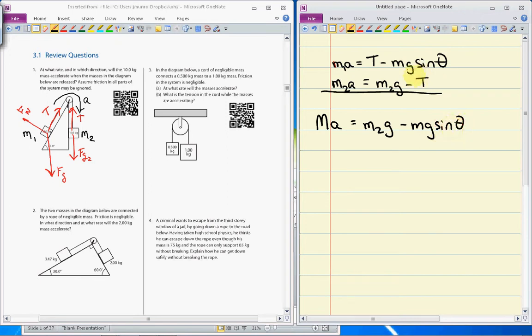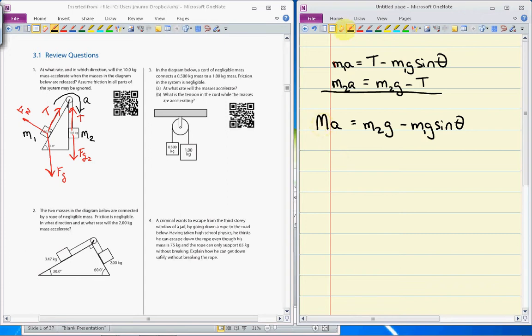I just want to go back here and write that this is m1 because you can see it was m1g sine theta. So now I have the information that I need. I know the m2g, I know the m1g sine theta, I know the mass. The only thing I don't know is the acceleration a.